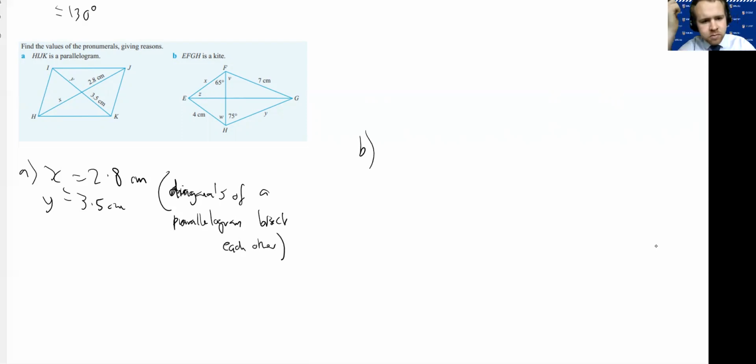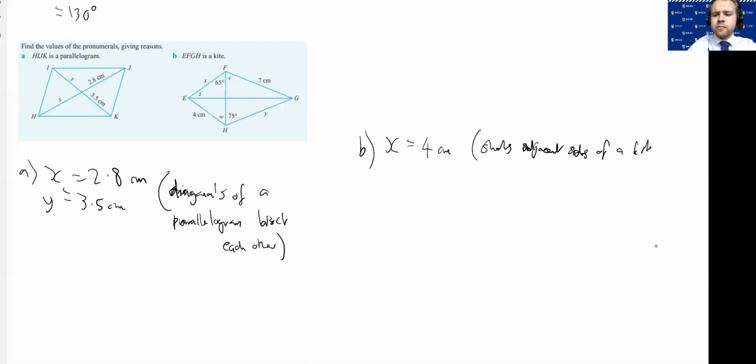Okay, and then for B, I have a kite. And I've got to look at what I'm trying to find here. So I've got side lengths of a kite. I've got some angles inside the kite that I'm also trying to find. So let's see how we go. For X, okay, I know that X is going to be 4, okay, because short sides, or adjacent sides, I should say, sides of a kite are equal.